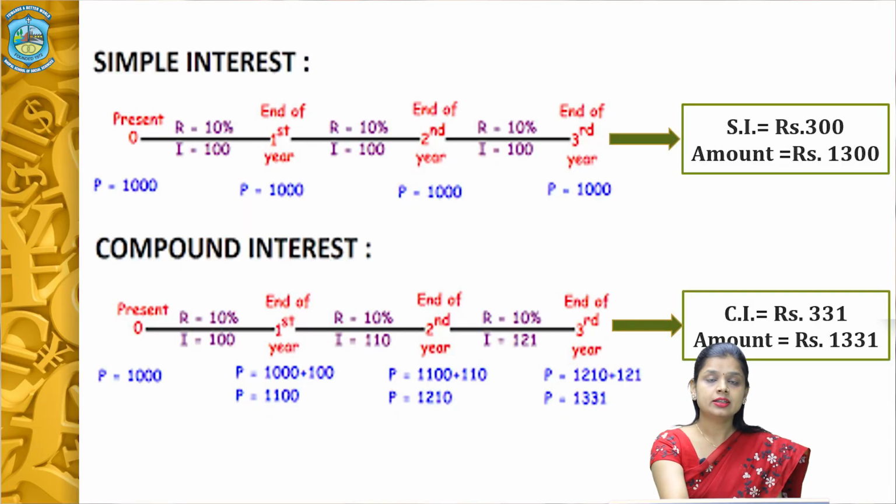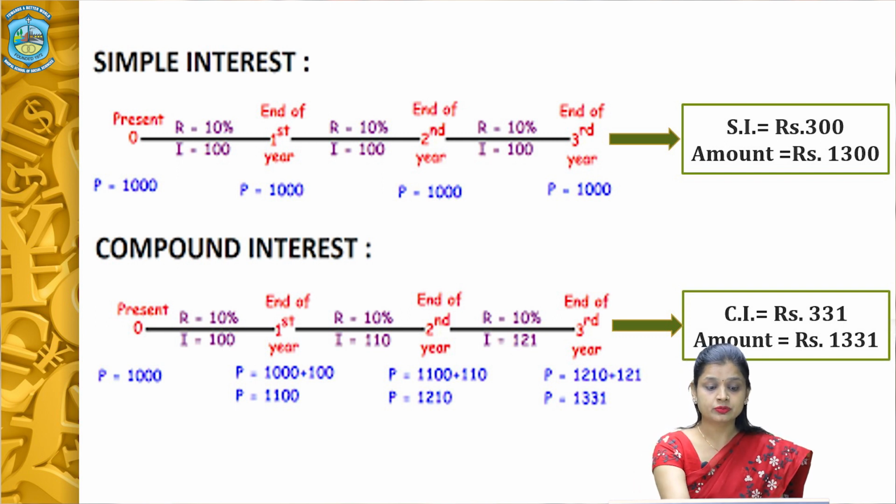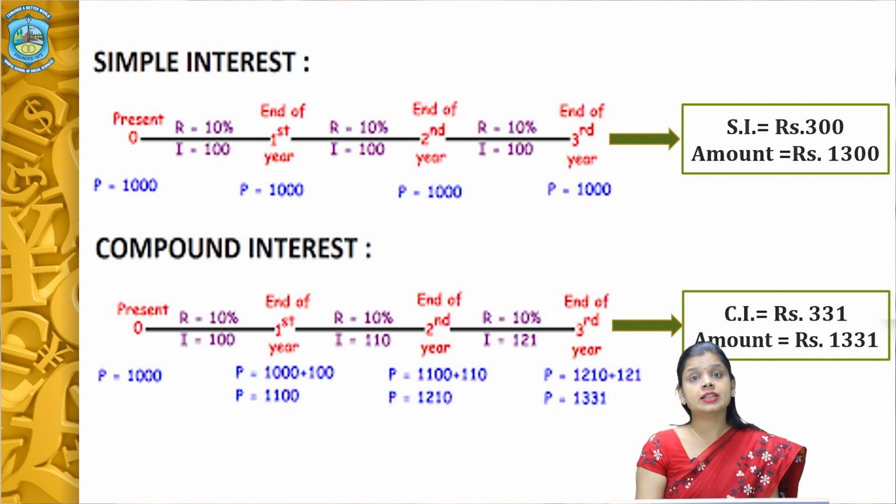Next, we see the case of compound interest in the similar example. In the first year the principal is 1000 rupees. You have to pay simple interest at the rate of 10%, that is, you have to pay 100 rupees at the end of the first year. But in the case of compound interest, this interest of 100 rupees will be added to the principal amount, and the principal for the second year will be rupees 1100.